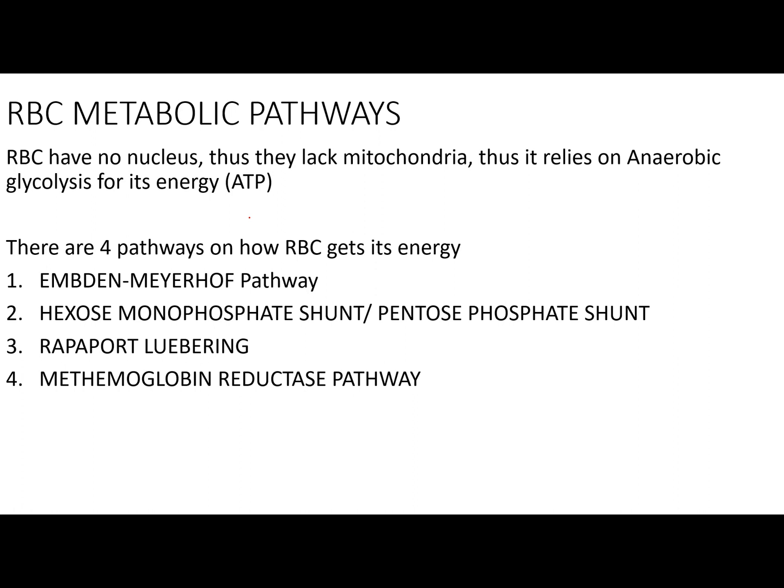Thus, since walang nucleus, walang mitochondria, class, RBCs would rely on the anaerobic glycolysis for its energy, known as your adenosine triphosphate. Now, there are four pathways on how RBC would get its energy. You have yung Emden-Meyerhof, hexose monophosphate shunt, or your pentose phosphate shunt, your Rapoport-Luebering, your methemoglobin reductase pathway.